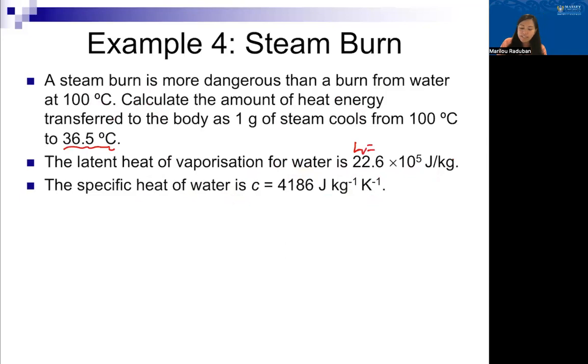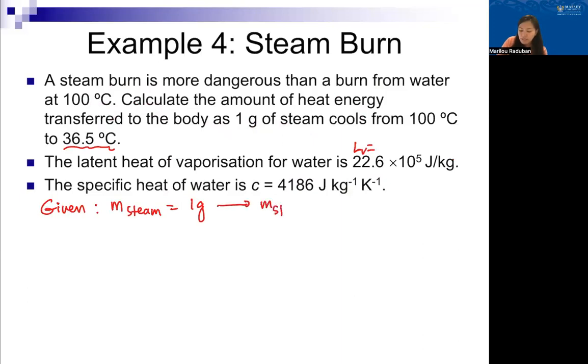Okay, just like any worded problem, let's write down what's given. So what do we know? The mass, 1 gram of steam. We convert that again to base units, kilograms. Going from gram to kilogram, we divide by 1,000.